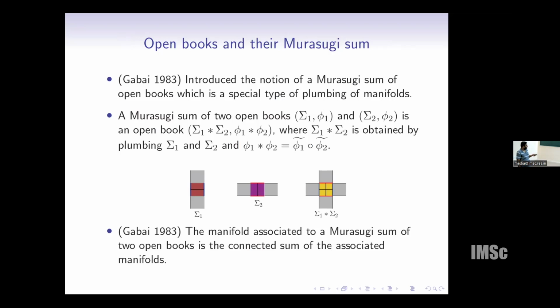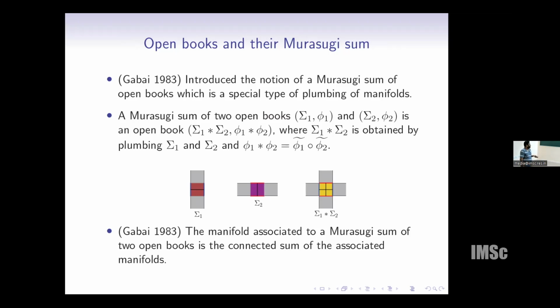Phi tilde is the extension of phi to sigma 1 star sigma 2 by the identity map in the complement of sigma i. So phi is defined on sigma i, and in the complement of this region, we make it the identity. That's the definition of phi tilde.